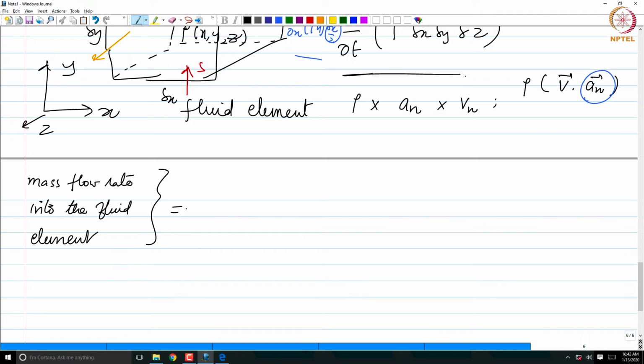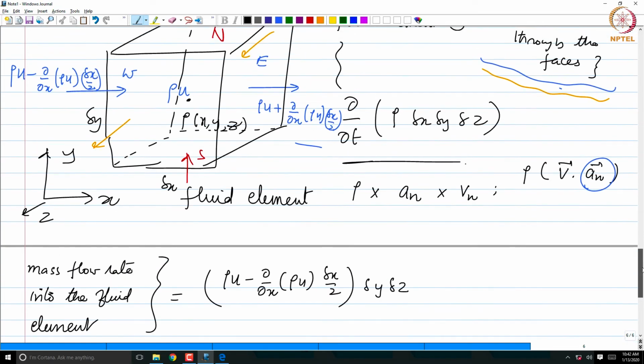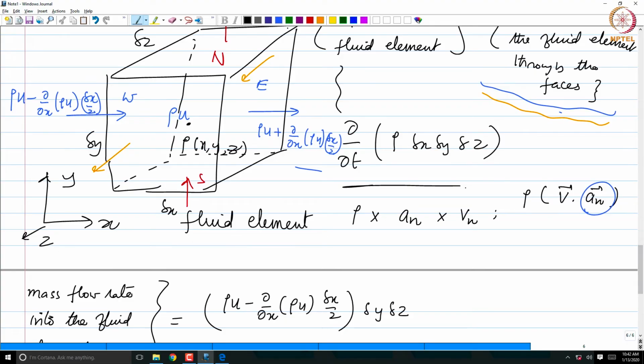So from the west phase, we have rho U minus partial x of rho U times delta x by 2. So this is the density times the velocity. What will be the cross-sectional area for the west phase? Delta y delta z, right? That would be the cross-section area, that is this area, this times this.